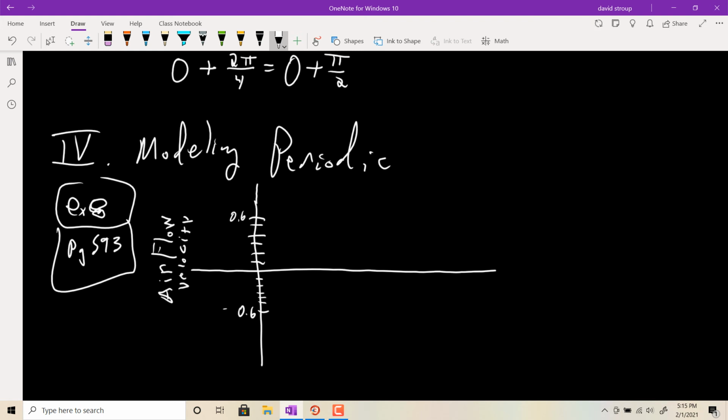Okay. On the x-axis, we have time in seconds. And what they're saying is the figure shows one complete normal breathing cycle. Okay, so 2, 3, 4, 5, over 5 seconds, I guess.